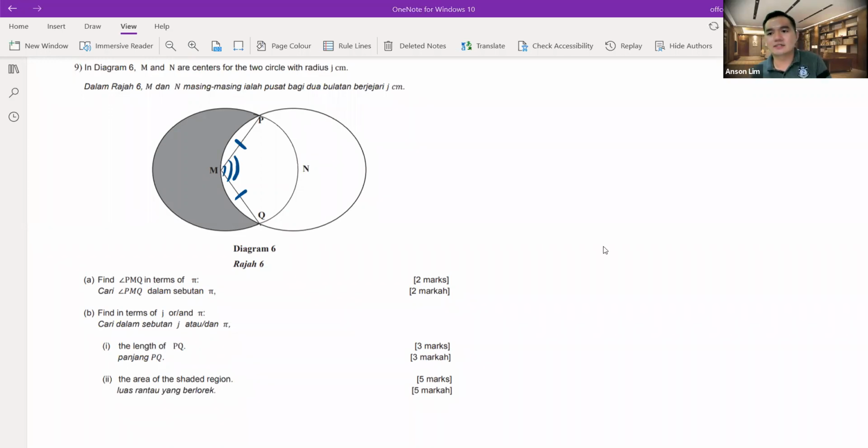They told you the information is in terms of pi. So the thing is two circles. If you see carefully, is it 60 degrees or what?